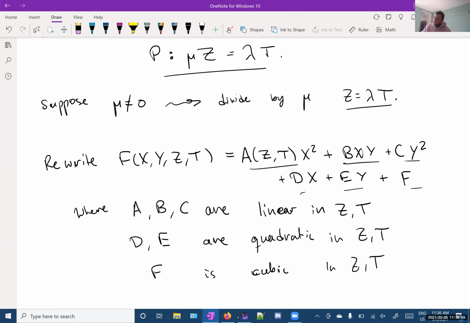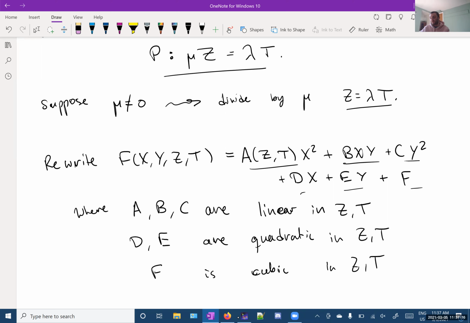I can do this because when I set z and t equal to 0, that means I'm on my line, and my surface needs to contain my line. So when I set z and t equal to 0, I should satisfy the equation for f, and this is the only way I'll be able to get it into this form.